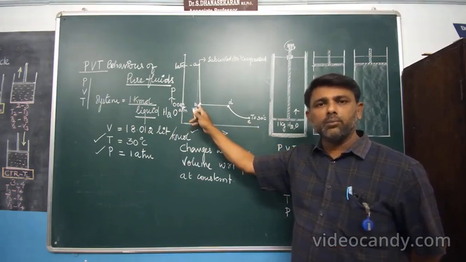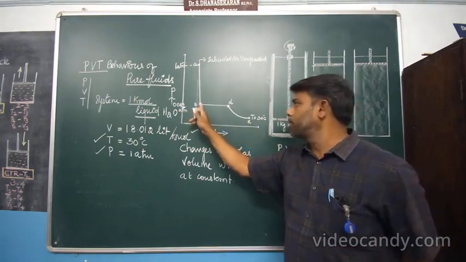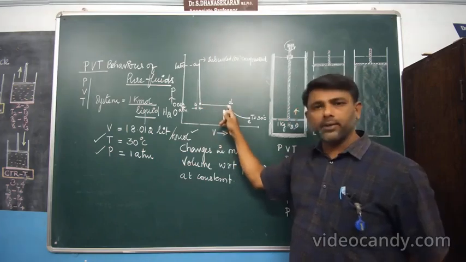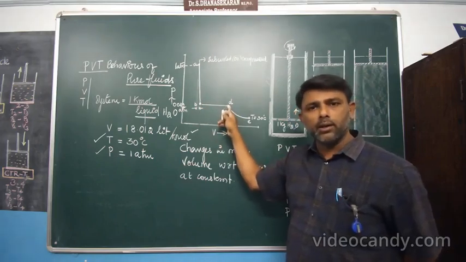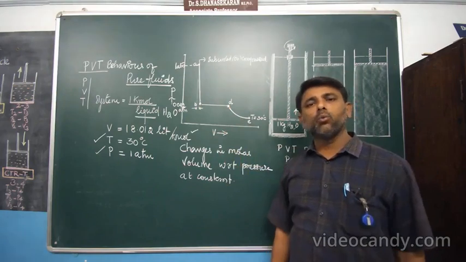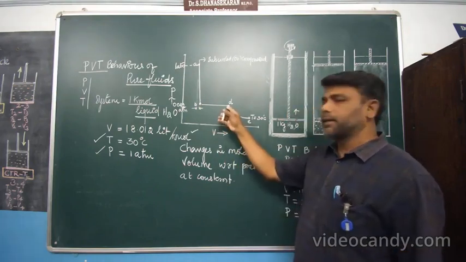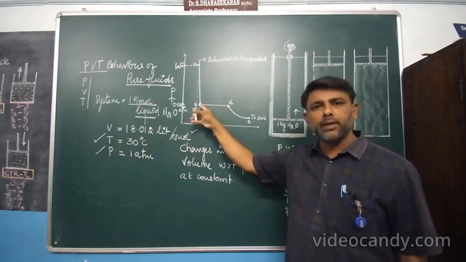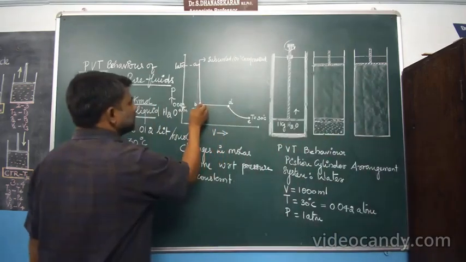The volume increases rapidly from B to D. All of a sudden, all the liquid water gets completely converted into water vapor. The state is D. Clear? State B is a saturated liquid.